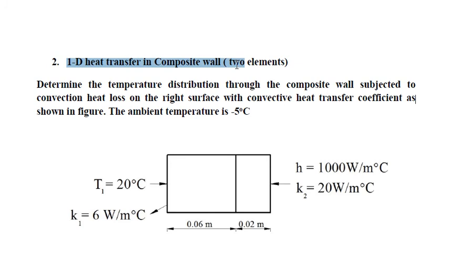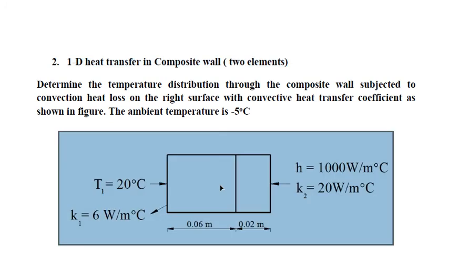The heading itself shows 1D heat transfer in composite wall of two elements. Two elements means there are two different walls given. This figure shows a composite wall. This is one wall. This is the other wall, which is composite at the center, which means they are having physical contact for which conduction is applicable.